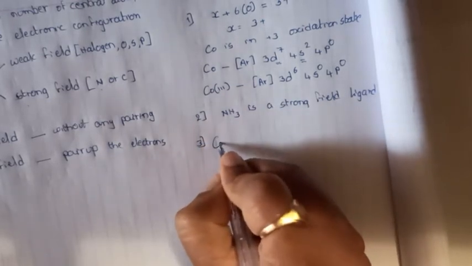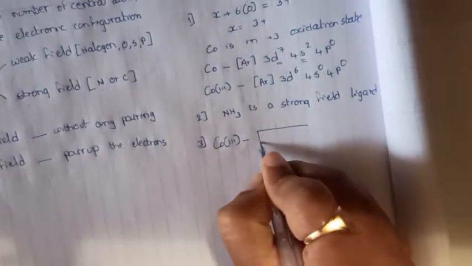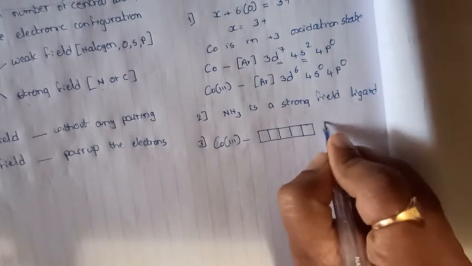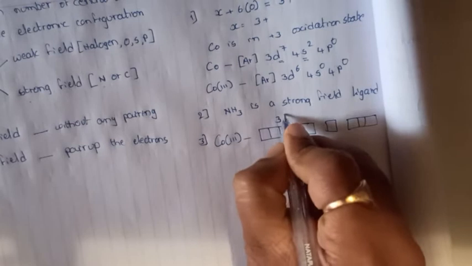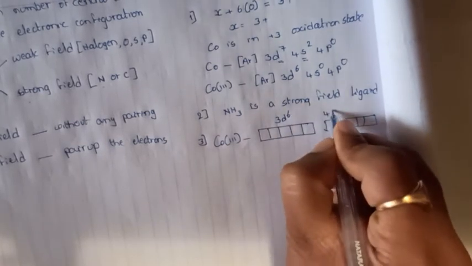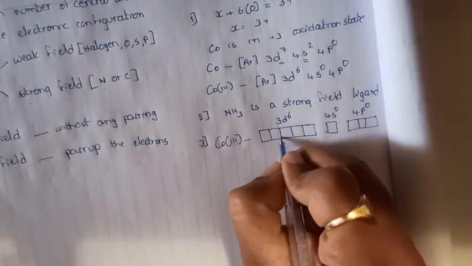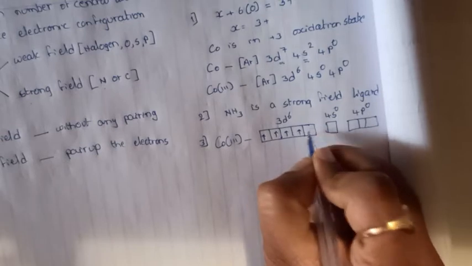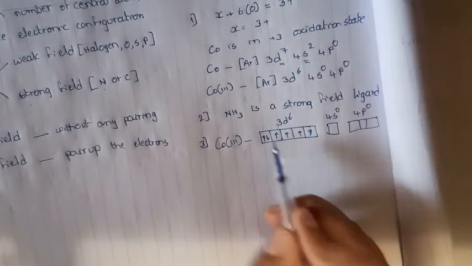So, the cobalt(III) electronic configuration is 3d6, 4s0 and 4p0. We have 6 electrons. Normally I would write them like this, which is the way of arranging electrons according to Hund's rule.